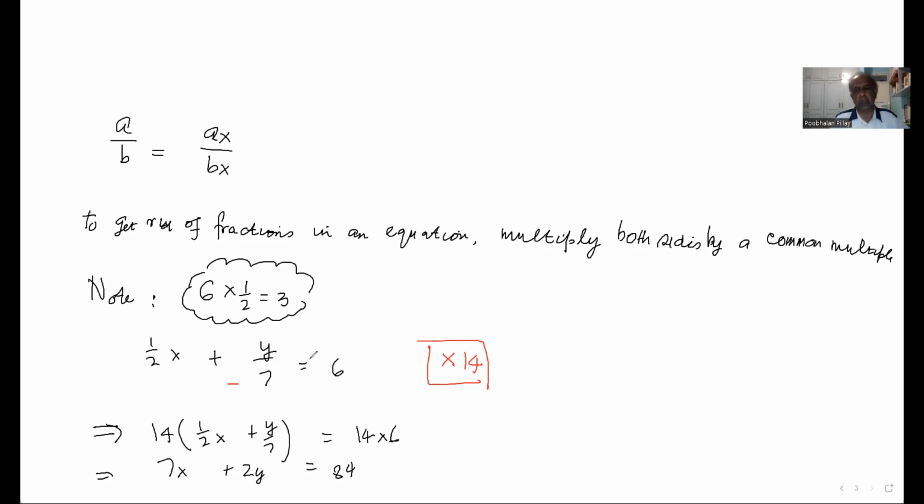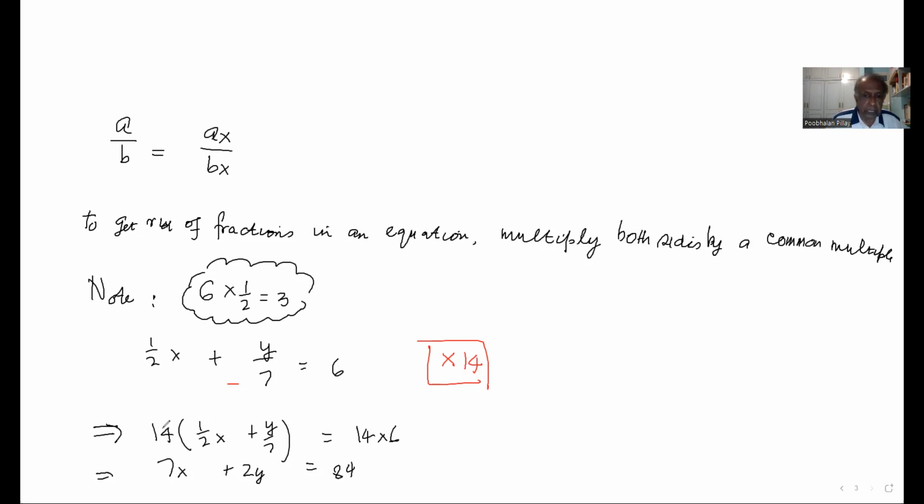Sometimes you might want to multiply by the lowest common multiple, but it doesn't really matter. You can multiply by any common multiple. Like here, it's 14, which also happens to be the lowest common multiple. So multiply both sides. Multiply this by 14, and you must multiply this by 14 as well.